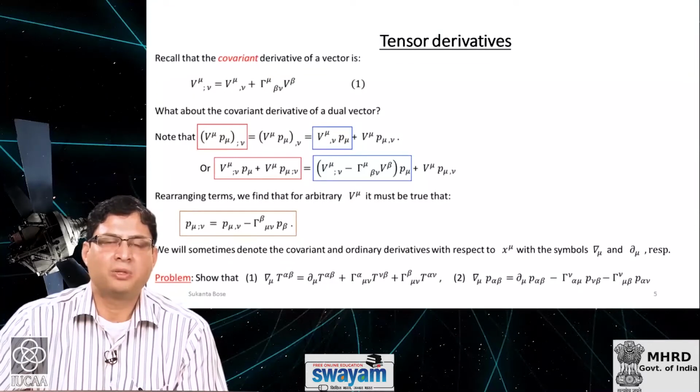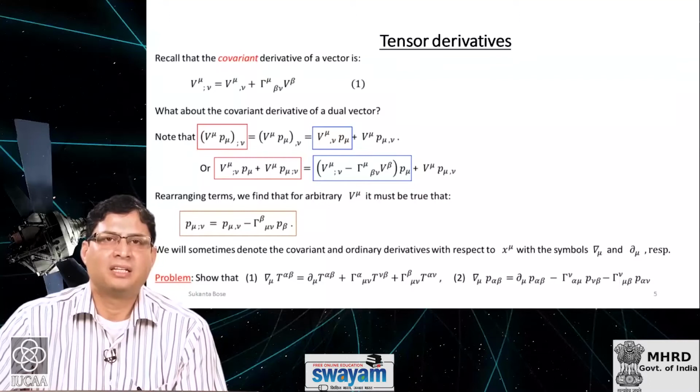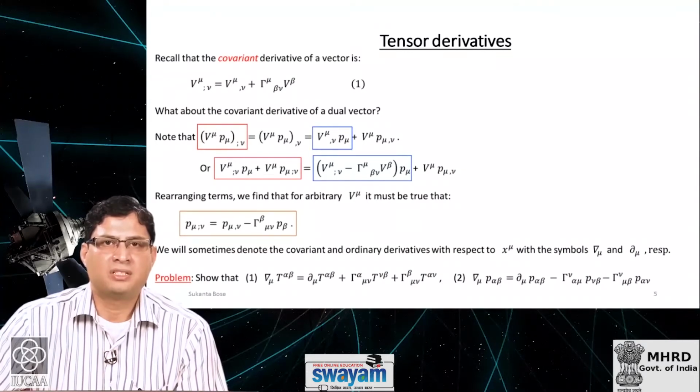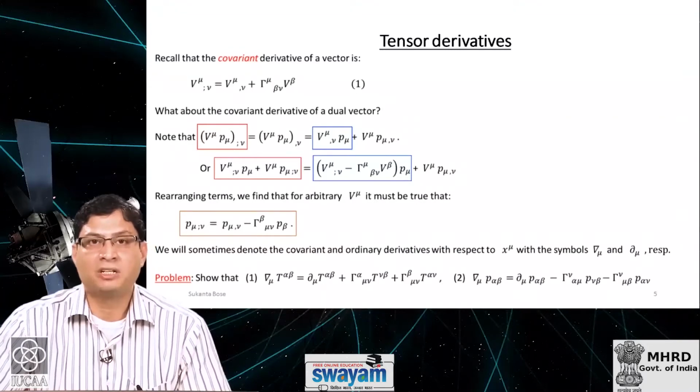The nice thing is that you can easily work this out by realizing that you have a scalar quantity which we met before, namely the contraction of the components of a vector v mu with those of a dual vector, namely p mu. And since this is a scalar quantity, it's not expanded in terms of basis vectors.